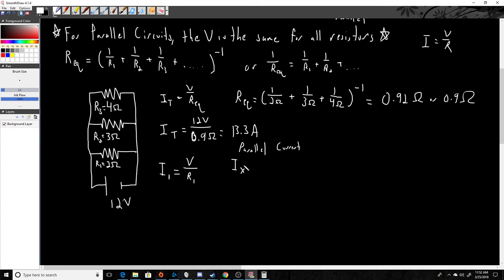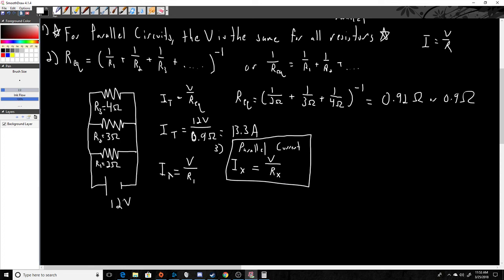Whatever resistor I'm talking about that I want to know the current for is going to be equal to the voltage, which is the same for all of them, divided by whatever the resistance is for the resistor I'm talking about. So this will be the second big takeaway. This is the third thing that you're going to want to have written down.